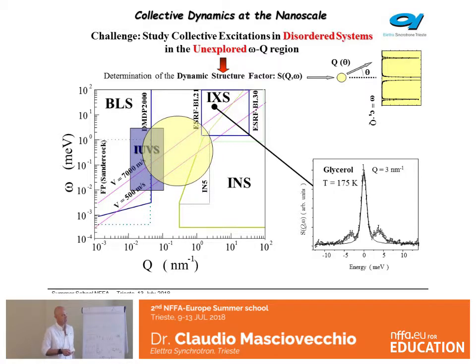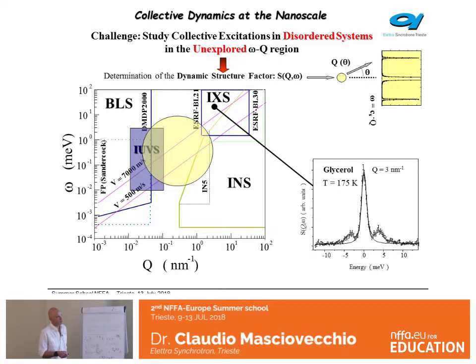If I have a plane wave, I will have a line here. If you have a crystal, you have two delta functions. But this is not a crystal. This is a real spectrum from fused silica. And then you have something which is not a delta here, and you have some elastic line due to the topological disorder of your system.